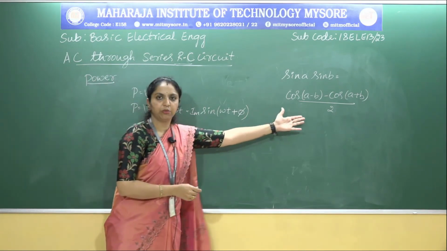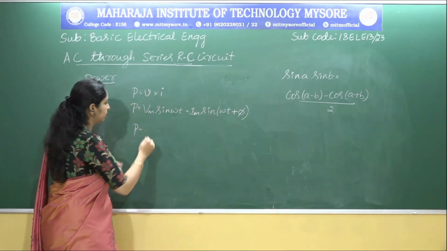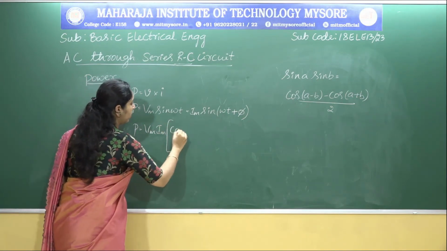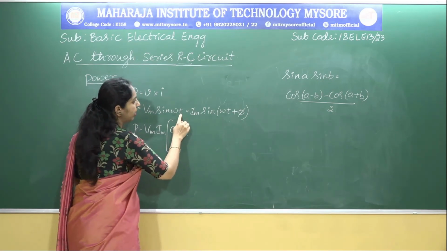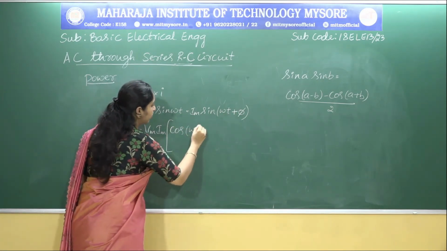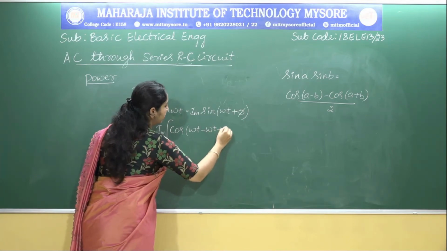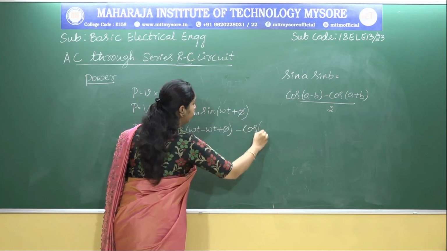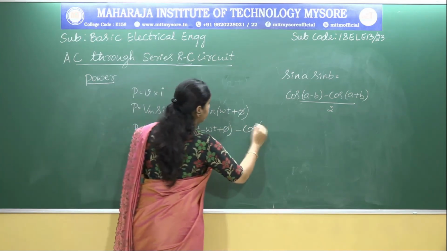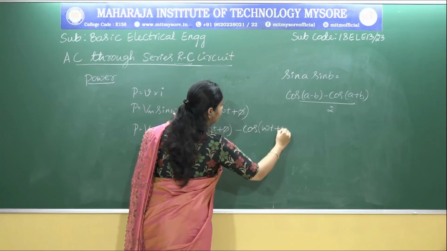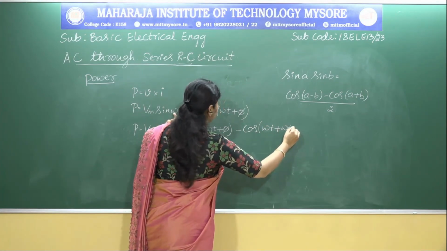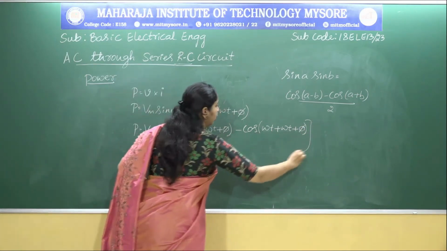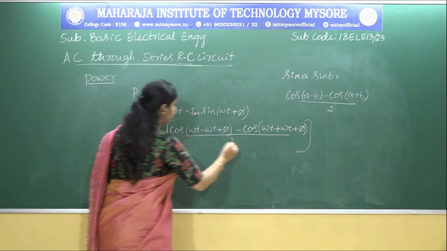According to the trigonometric function, we can simplify this expression as Vm Im cos of (omega t minus omega t plus phi), minus cos of A plus B, that means (omega t plus omega t plus phi), and this divided by 2.